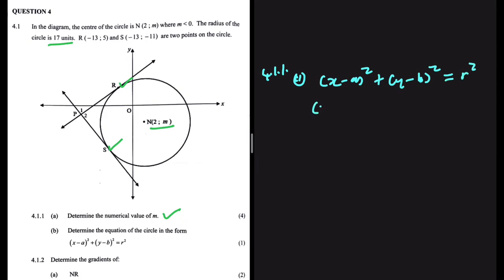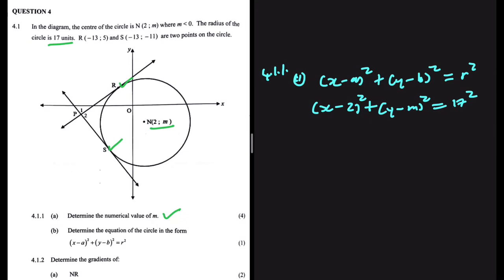So we're going to have x minus the x value of our center, which is 2. So we have (x minus 2) squared plus (y minus the y value at the center of our circle, that is m) squared. This is equals to the radius squared. The radius is 17 units, so we're going to have 17 squared.